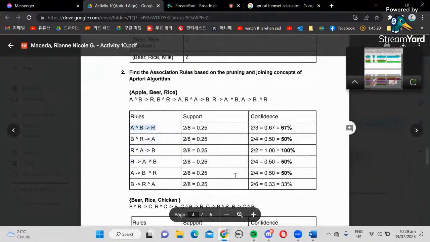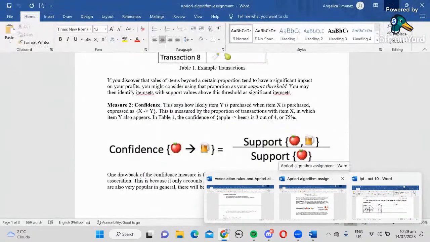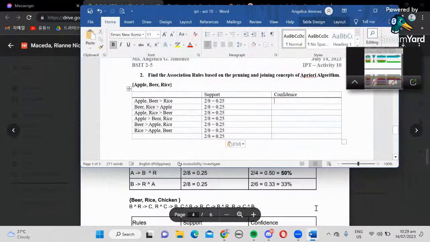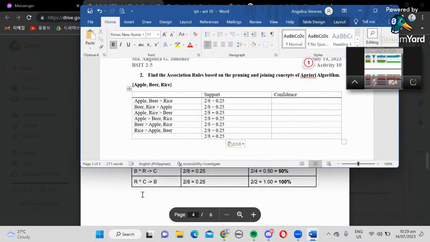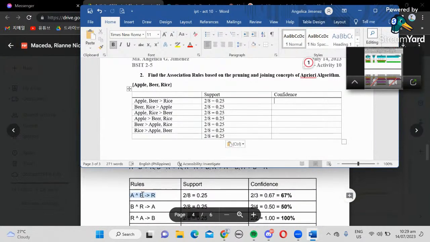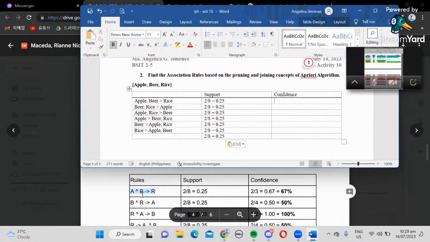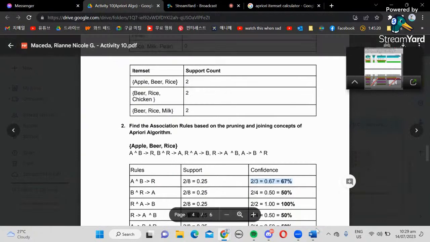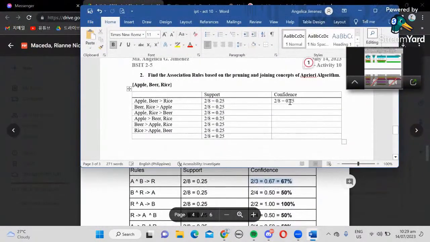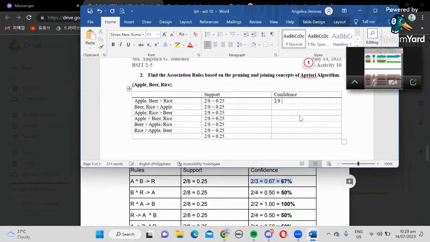So, dito Ben, ilan na ang rules natin as of now? Okay, thank you, Justin. 5 po, ma'am. Okay, 5. And then, sino yung ating dalawa pa? Okay, Dayan, yes? Yung rice milk beer po, ma'am. So, 1 minus 4 over 8, then over 1 minus 2 over 3.